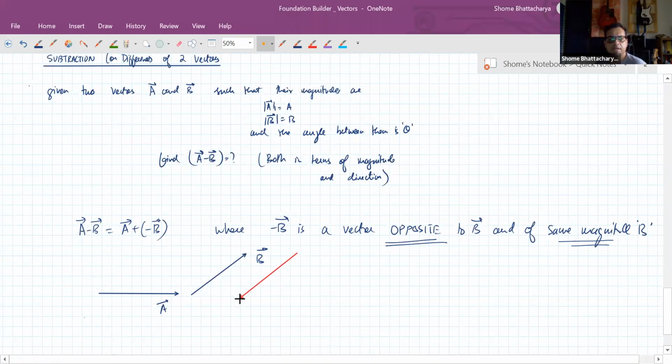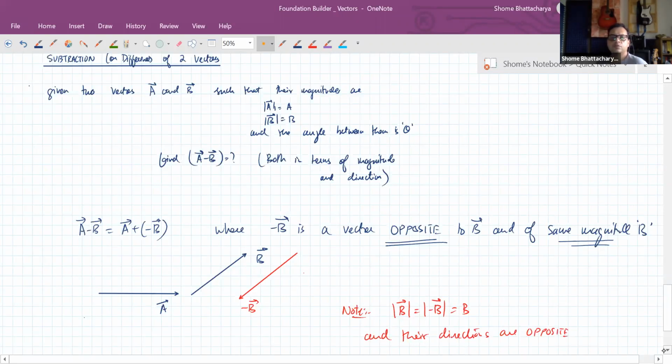It's equal in magnitude but opposite in direction to the vector B. You can see that the magnitude of the vector B is the same as the magnitude of the vector minus B, but their directions are opposite.